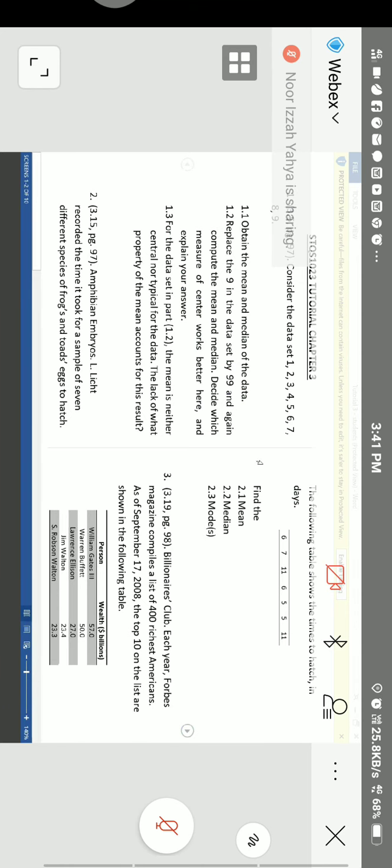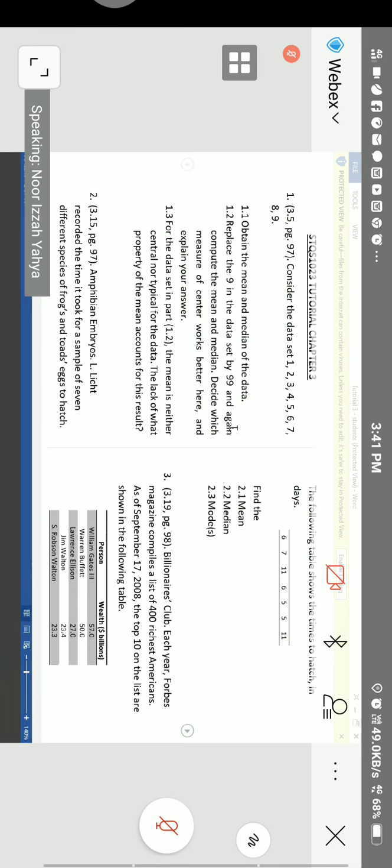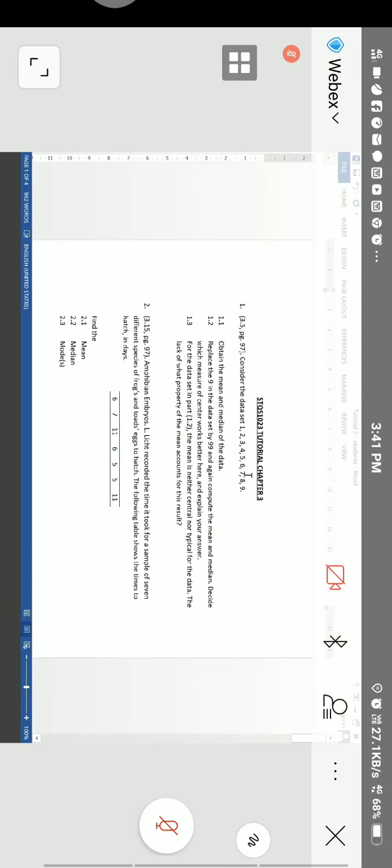Cover chapter 3 and how, for example, you have a data set. In this data set, you need to obtain the mean and median of the data. Then let's say we have the number 9 here, data set number 9.